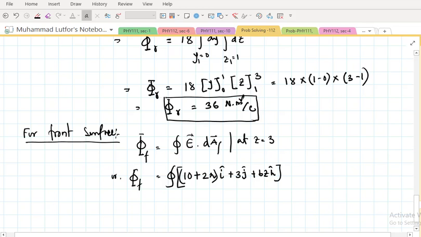Basically this is the front surface, and the front surface is towards the positive z axis, right? So I'll write down dA k hat.